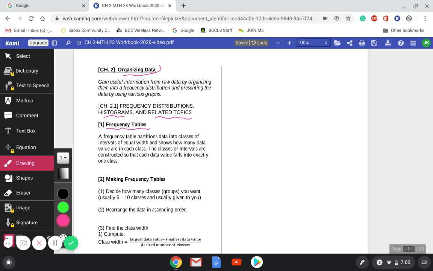Since we are organizing the data and trying to make data into useful information, obviously we have to do some processing.